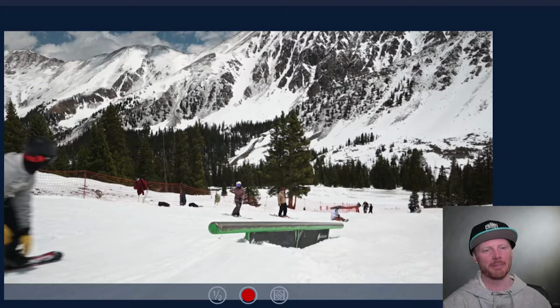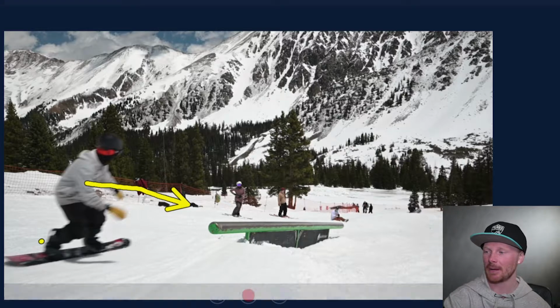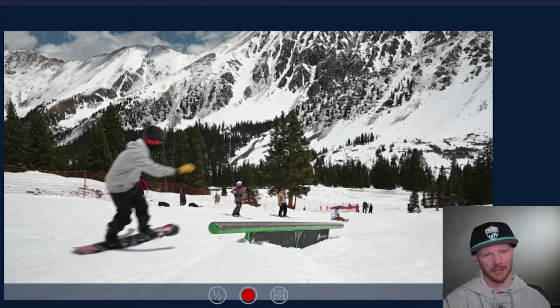Okay, so now we're going to be talking about a front lip versus back lip. Essentially, we're going to use the same principle that we just learned in the last two examples and apply it to this. So, what do you guys think? The front side of my body is facing the rail, so I'm coming in from the front side. Now I'm going to do a lip slide. And you may be asking right now, what is a lip slide?